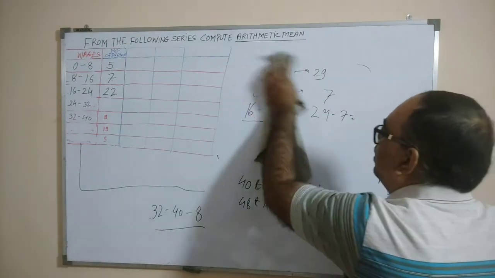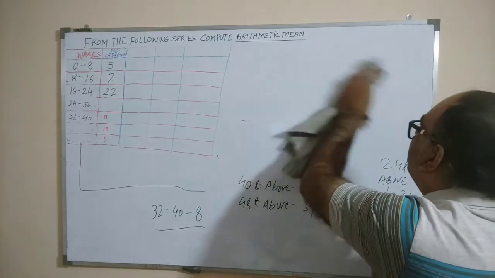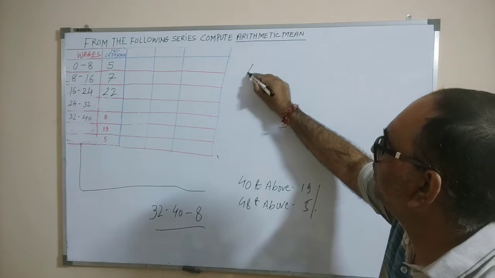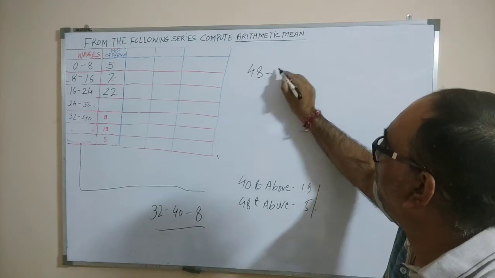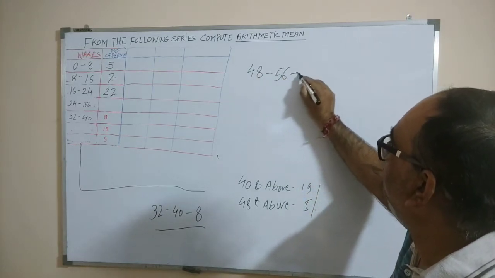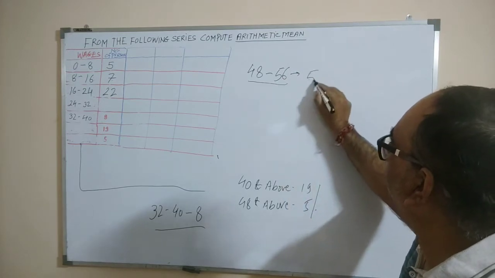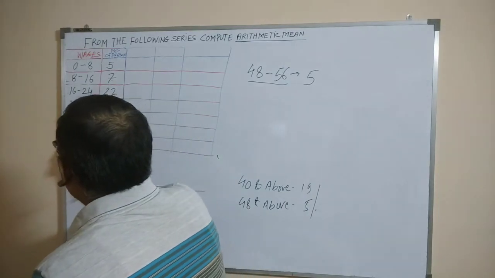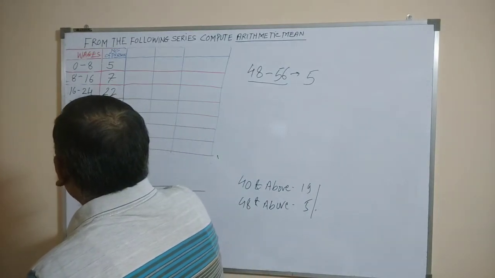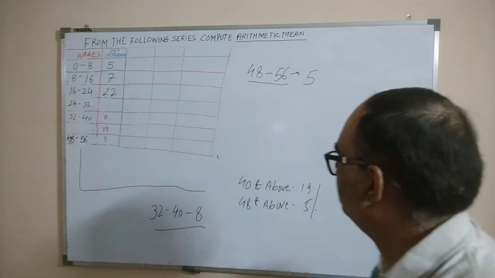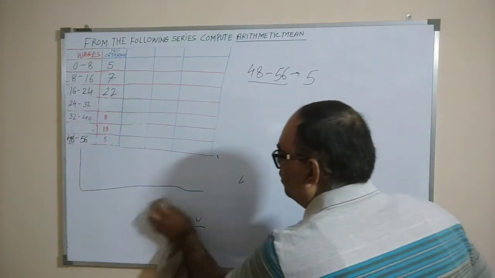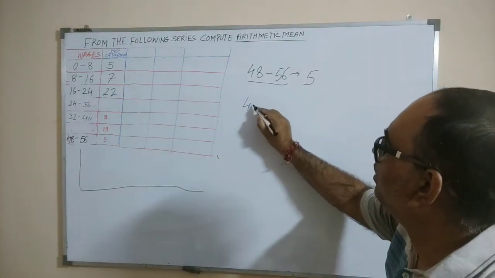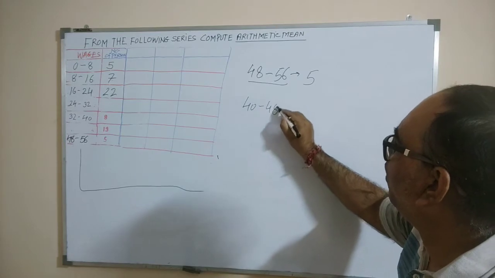Now, the last three calculations are very important. First, it is given in the question that 48 to 56 rupee wages are given to 5 persons. So we can write it down here. The last two values we need to find out: how many persons are given wages between 40 to 48?